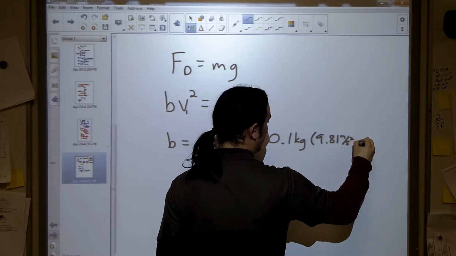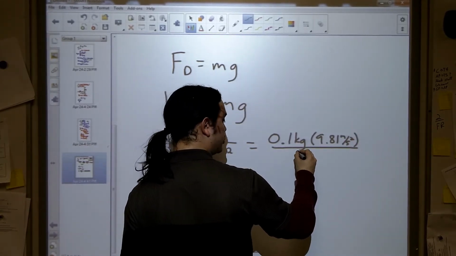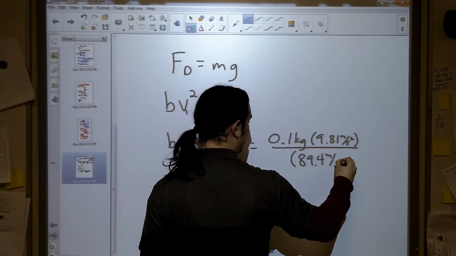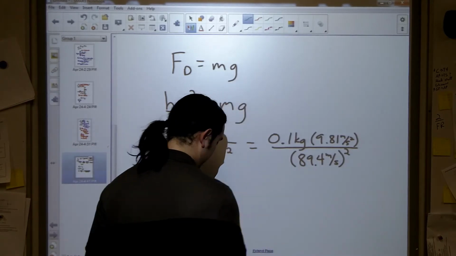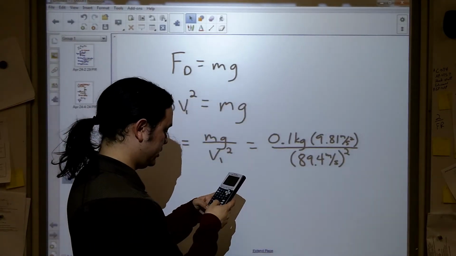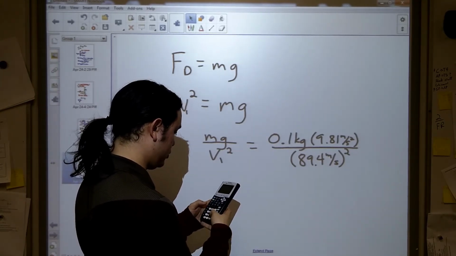9.81 meters per second squared, and then divided by our terminal velocity squared, which we just said was 89.4 meters per second quantity squared. Now, when I solve this, I end up with 0.1 times 9.81 divided by the quantity of 89.4 squared.